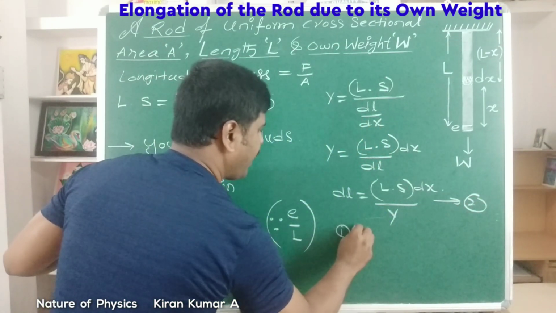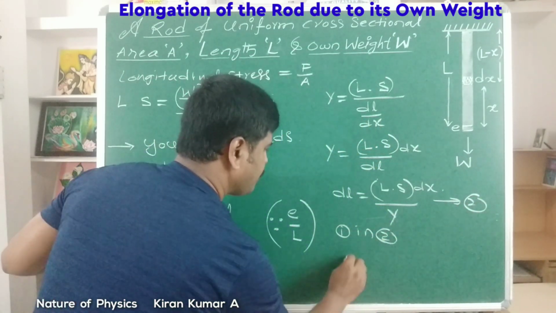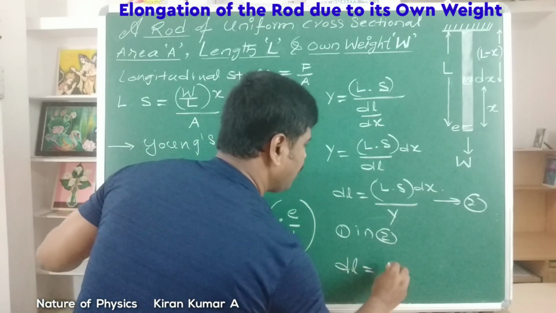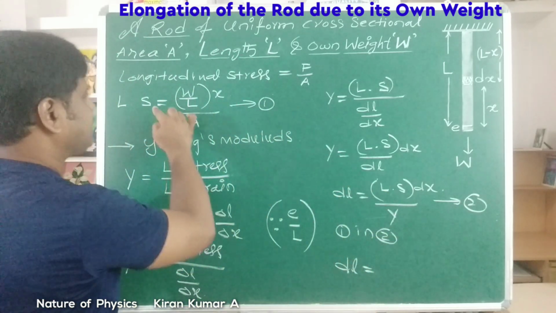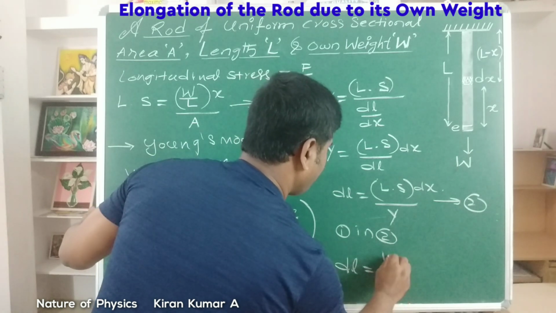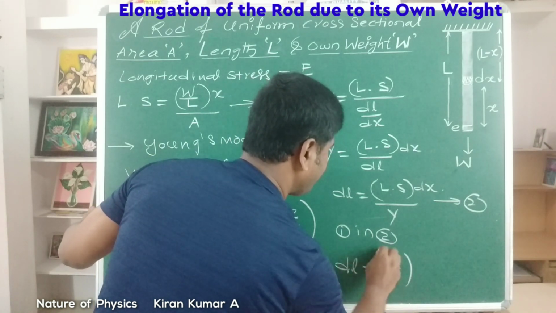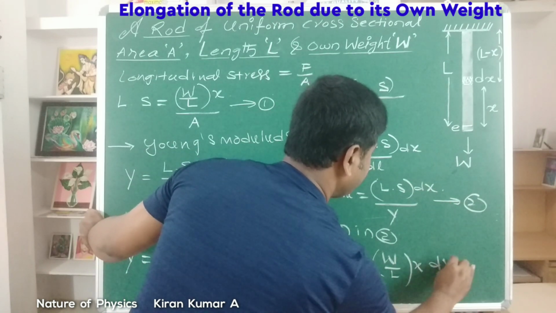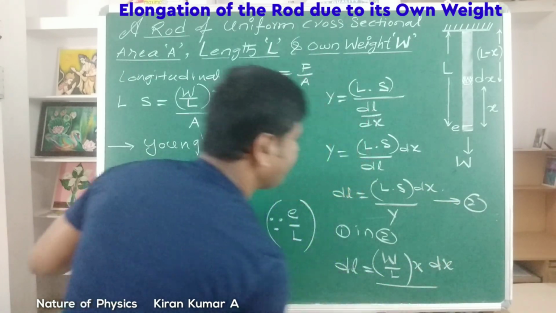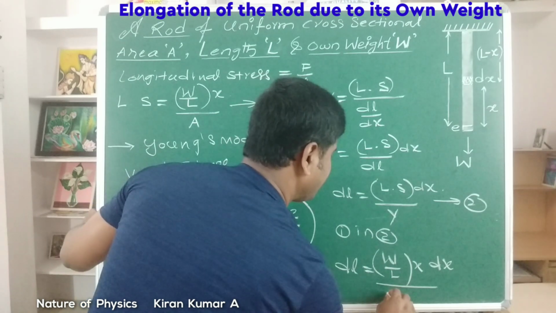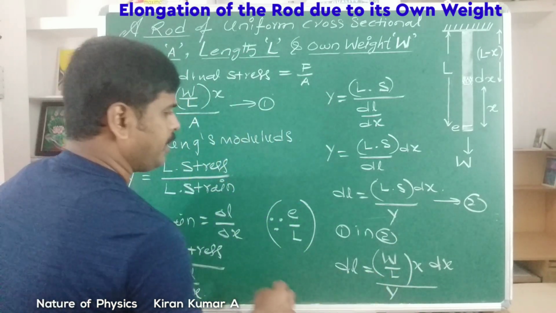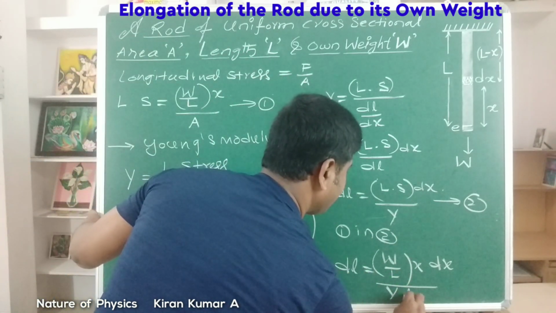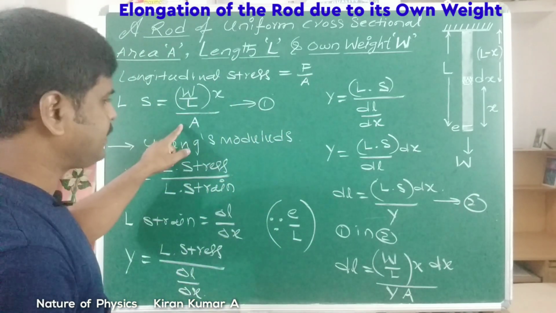Now put equation 1 in equation 2. So dl is equal to longitudinal stress, that is W by L into x, into dx divided by Y, whole divided by A. See, here A is there.